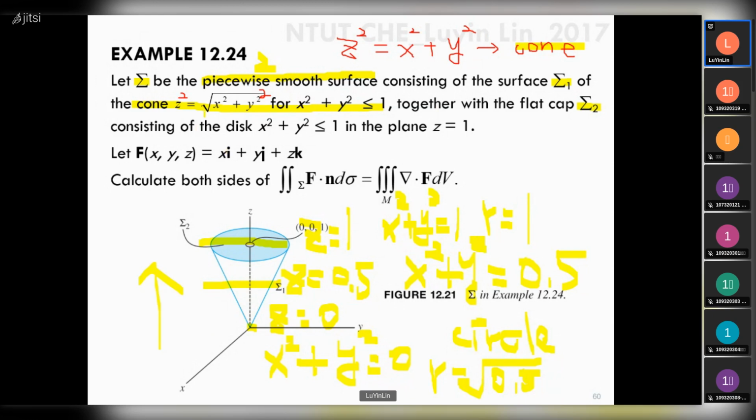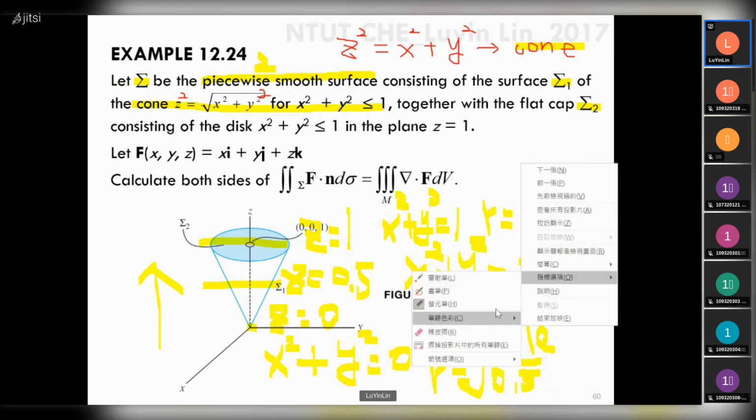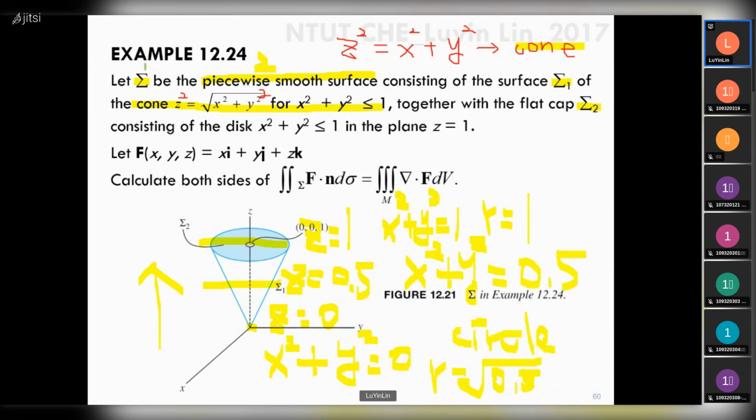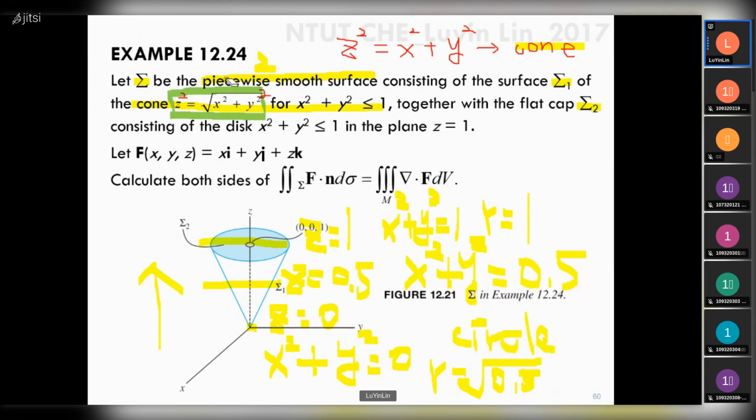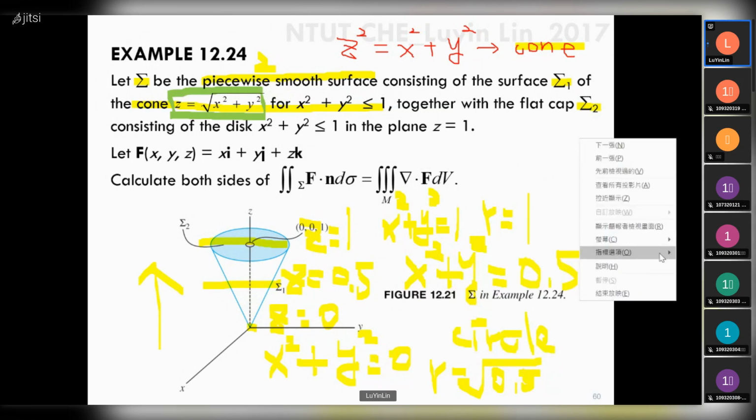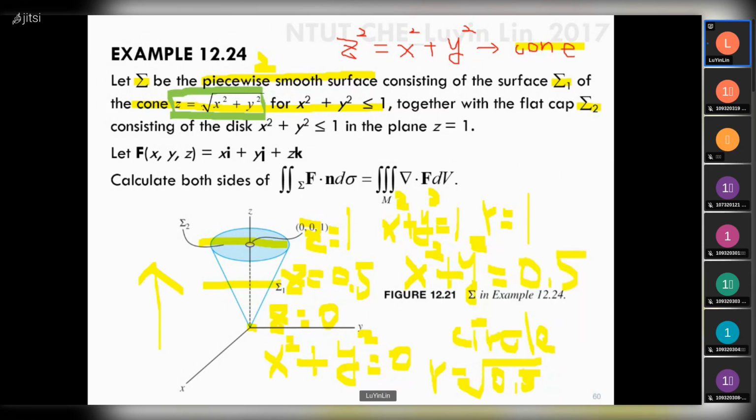Then for this equation without square, for the equation mentioned in this example, you can see the square root means it's larger than 0, right?